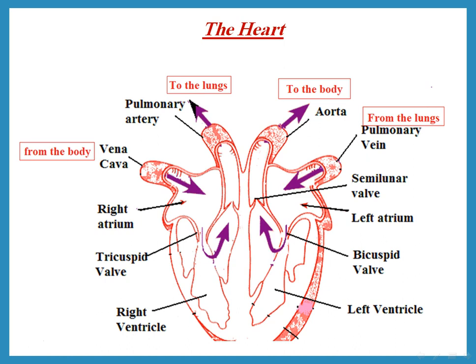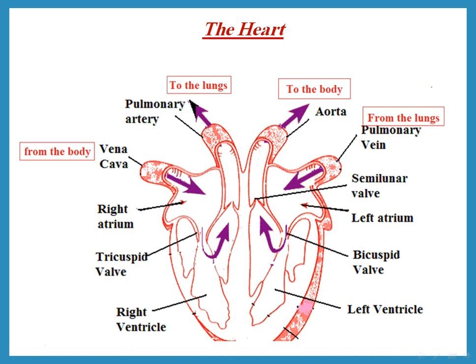The walls of the atrium contract and push the blood through the tricuspid valve into the right ventricle. The right ventricle, its walls will contract, push the blood through what we call the semilunar valves. So these valves on top there are called semilunar valves, into the pulmonary artery.